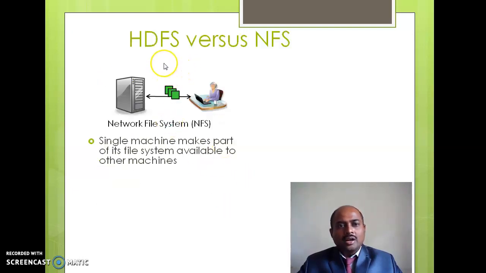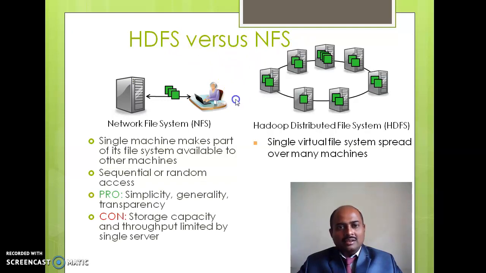Next is Hadoop distributed file system versus NFS. This slide shows the differences between these two. In NFS everything is stored in a single machine, but in HDFS the data is stored across the whole network.